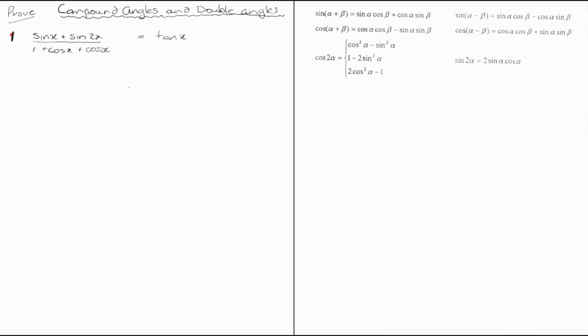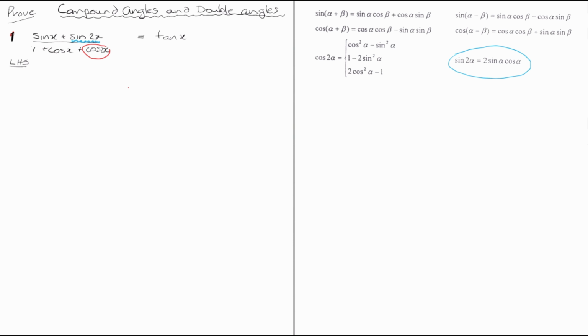Okay, left hand side is the more complicated, so we will start with the left hand side. The first thing we notice is we have a double angle here, which is going to use this double angle over here, and we have a double angle of cos here, which we have to make a decision. Right, so making the decision.